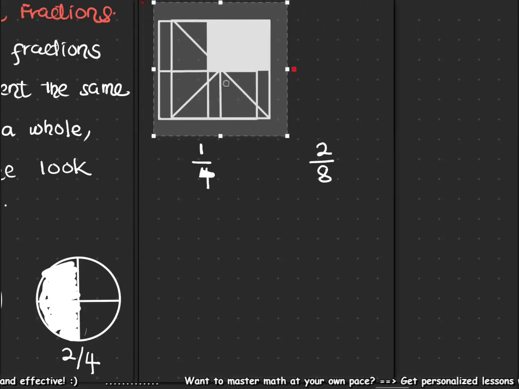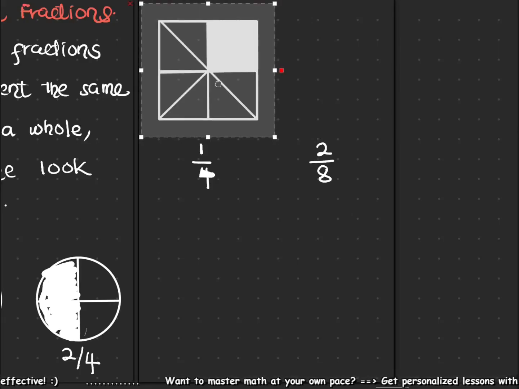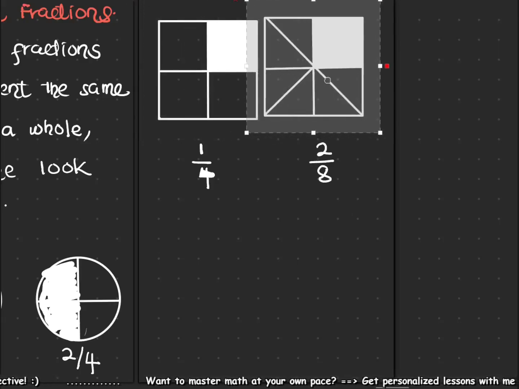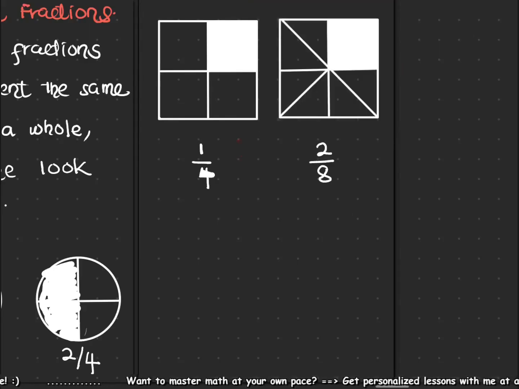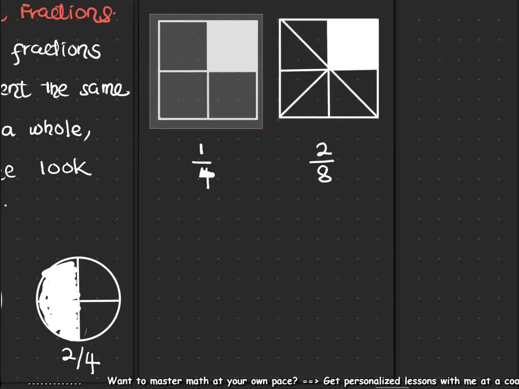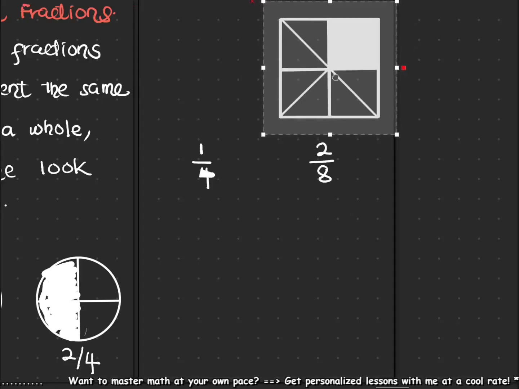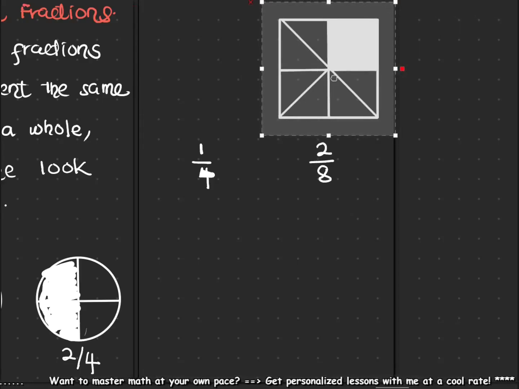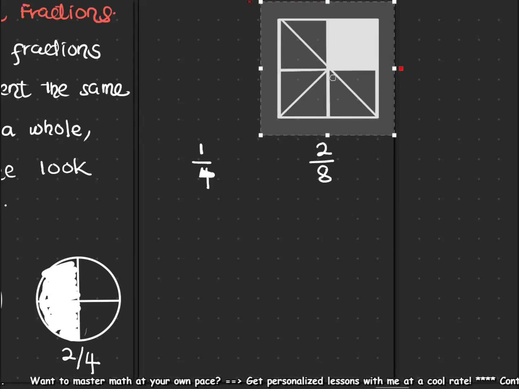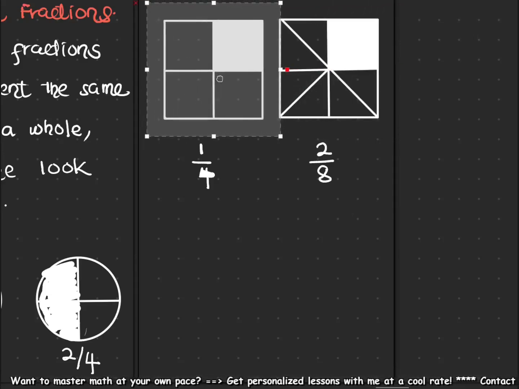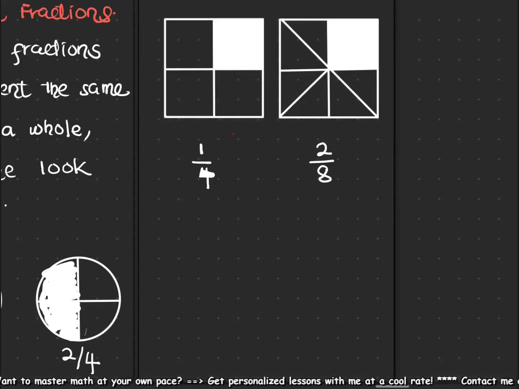If I put it on this, we are going to get the same thing. The same way, if I pick this here and put it on this, we see no difference in terms of the remainder, the unshaded portion. So basically, this is what we have to know on equivalent fractions.